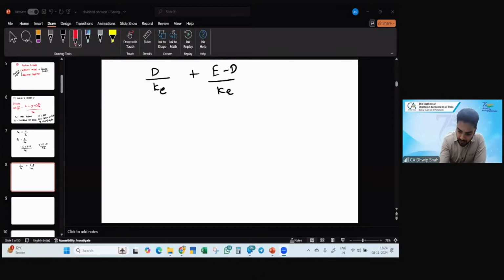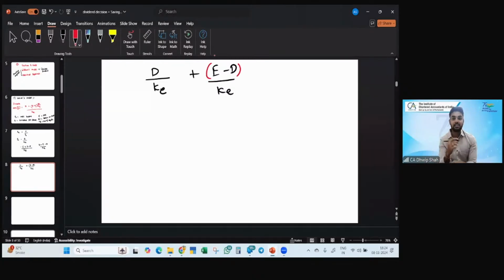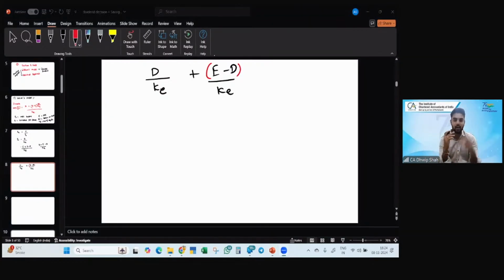Now see, friends, this E minus D, can I say earnings minus dividend is nothing but retained earnings, reserves with the company? If I deduct the dividends from earnings, if I pay the dividend, the balance portion would be the retained earnings of the company.